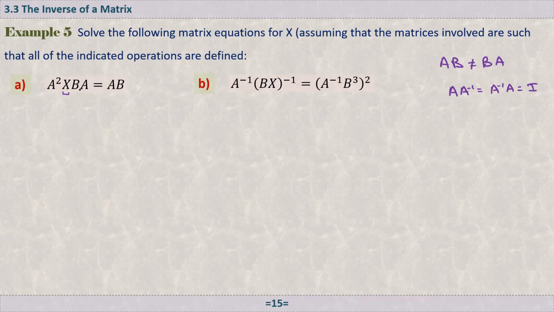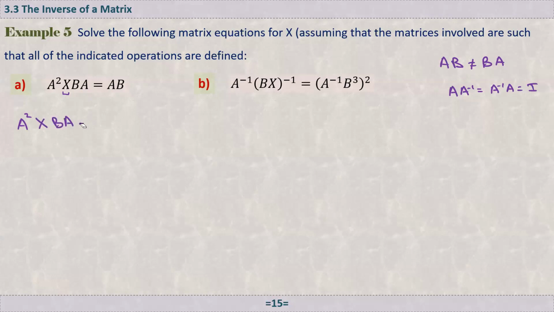First, maybe I want to eliminate this A. If you multiply both sides by the inverse of A on the right, what we have here is A squared X, and here we have BA.